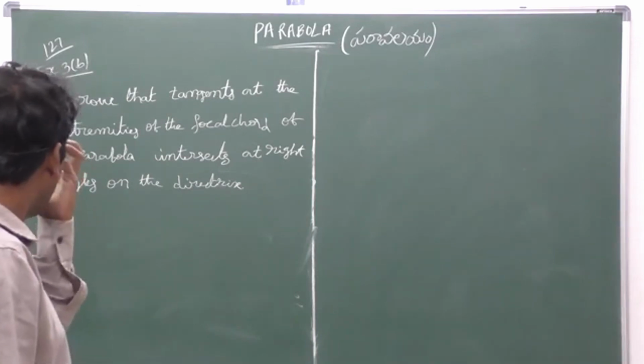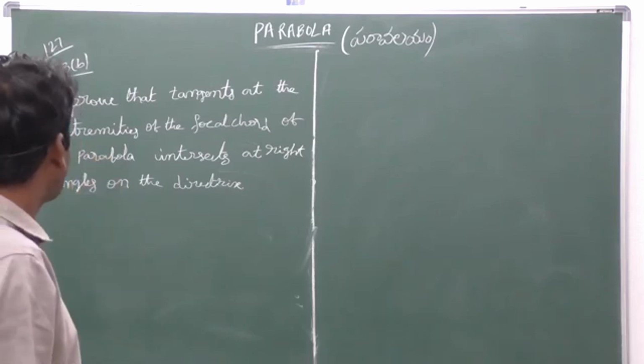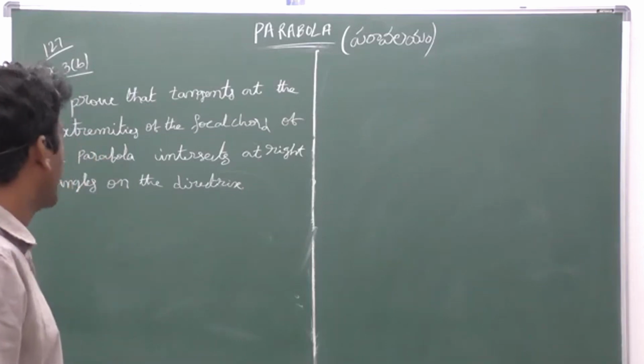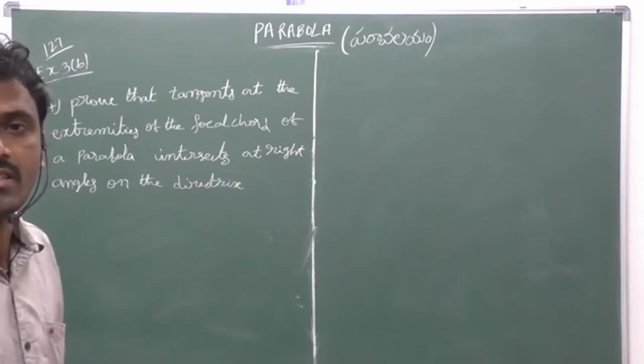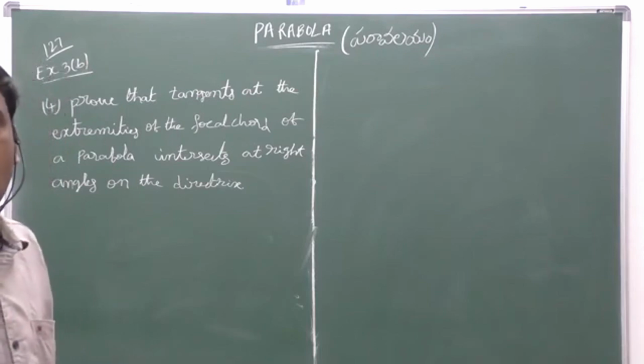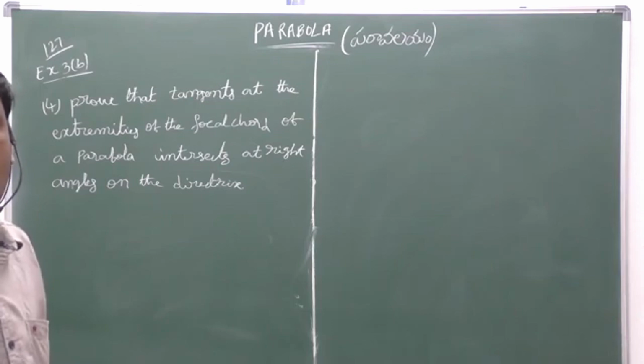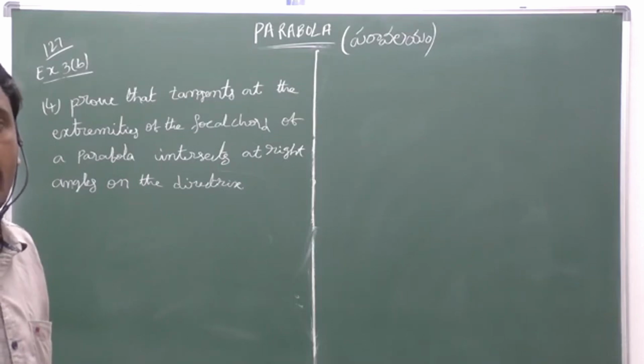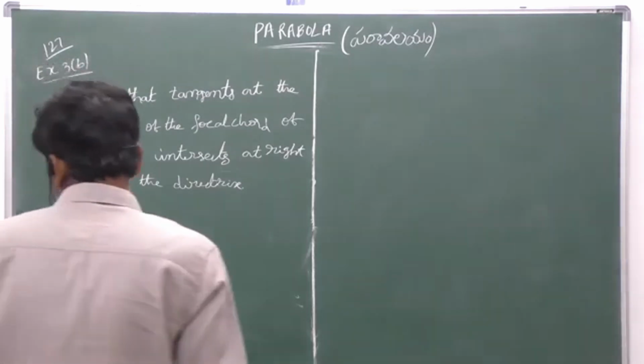First of all, tangents at the extremities of focal chord. Focal chord means passing through focus. Okay, focal chord means passing through focus.